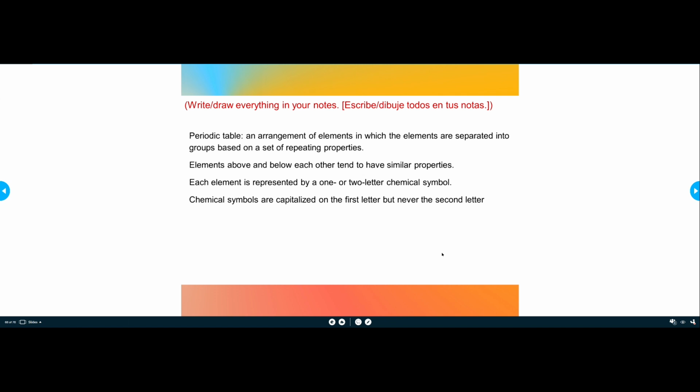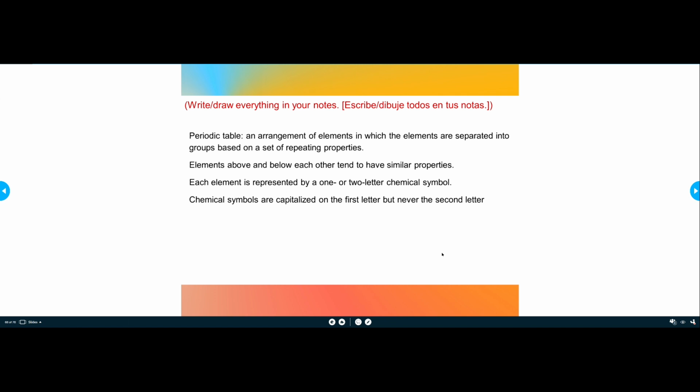In our next set of notes, we have some more definitions. First is the definition of the periodic table. Periodic table is an arrangement of elements in which the elements are separated into groups based on a set of repeating properties.